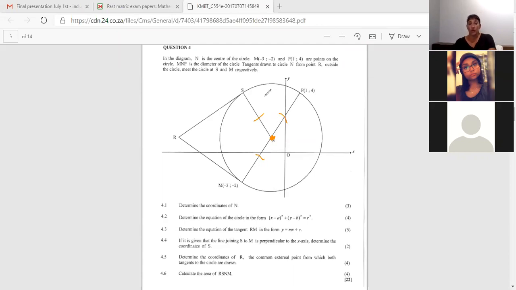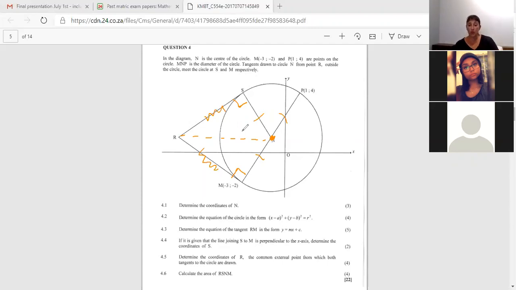Tangents drawn to circle N from point R outside the circle meet the circle at S and M. So tangent, tangent. Remember, tangents have equal length. So bear in mind that if you split that into two, this triangle and this triangle will be congruent. Remember, that's 90, 90. A tangent to a circle, the tangent and the radius are at 90 degrees.